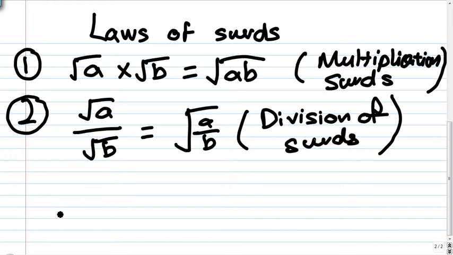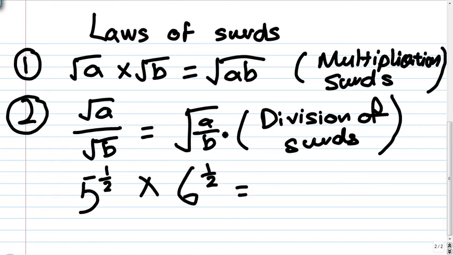If I have 5 to the power of half times 6 to the power of half, although they are of different bases, it can be written as square root 5 times 6.